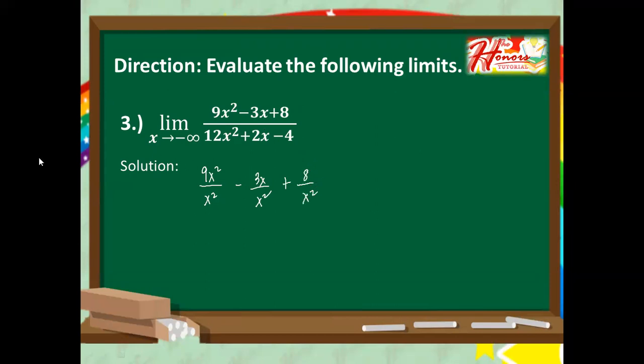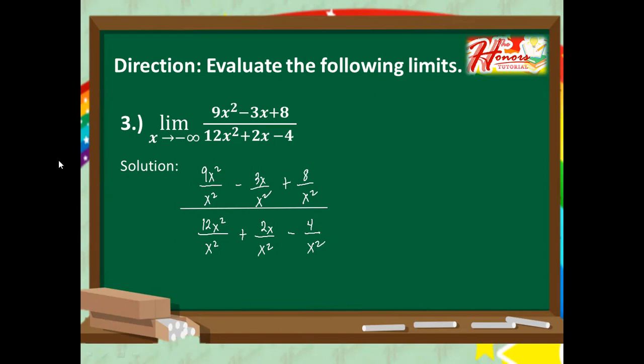Next, we have to do the same thing in your denominator: 12x squared over x squared plus 2x over x squared minus 4 over x squared.